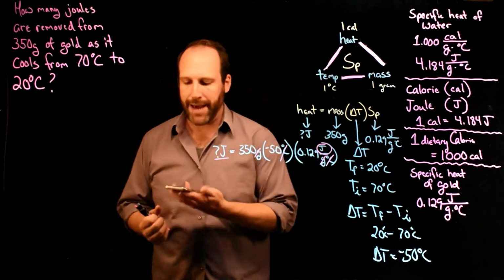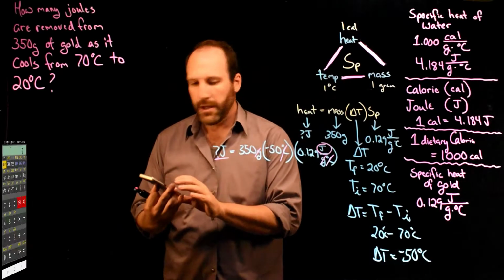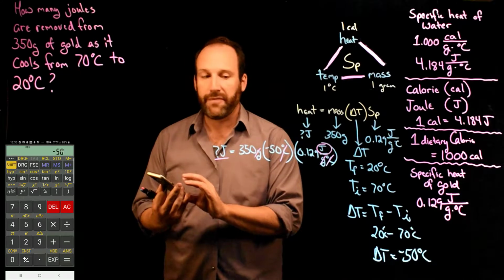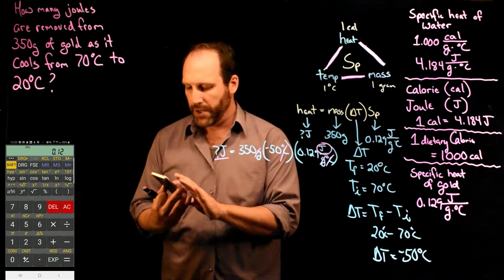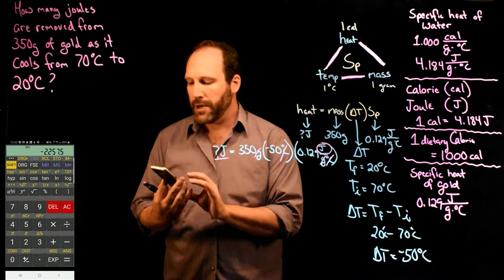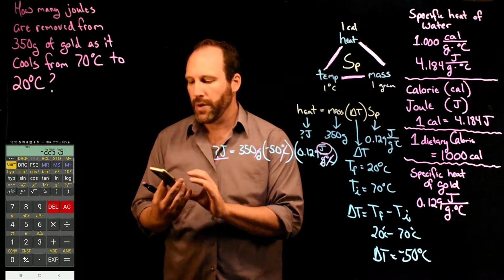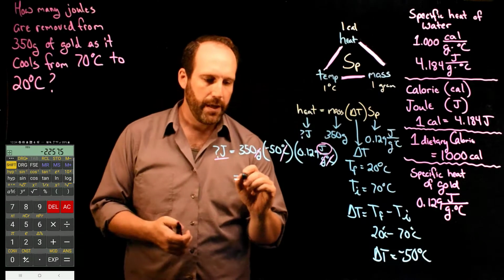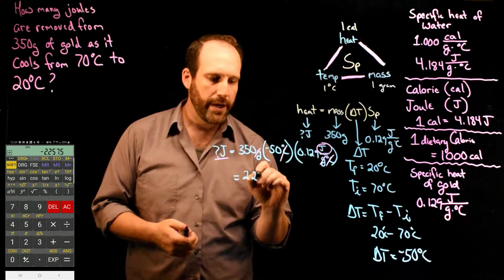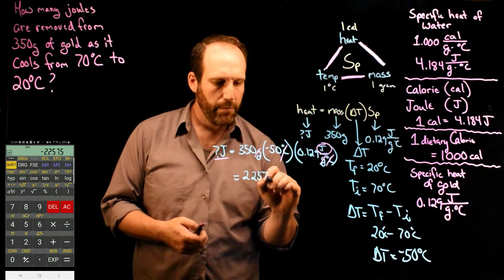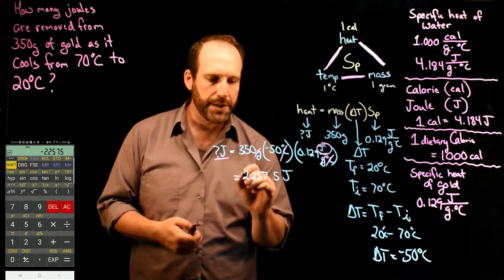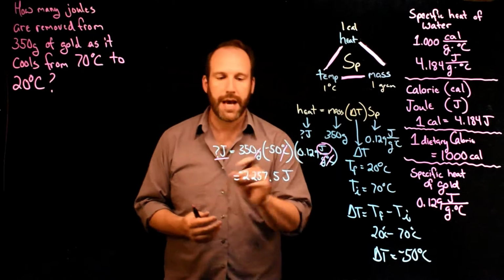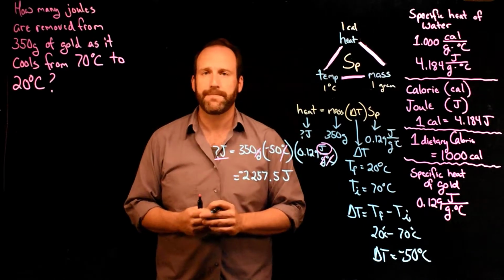So let's do that math. 350 times negative 50 times 0.129, and our answer here is negative 2,257.5 joules, and you notice that was negative.